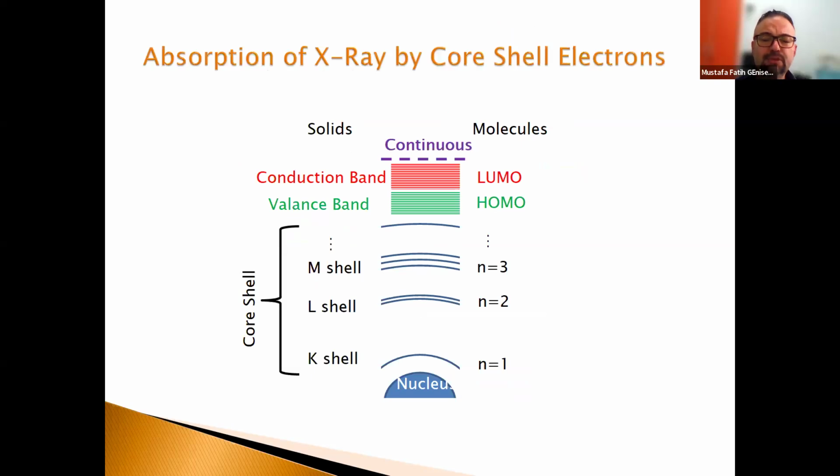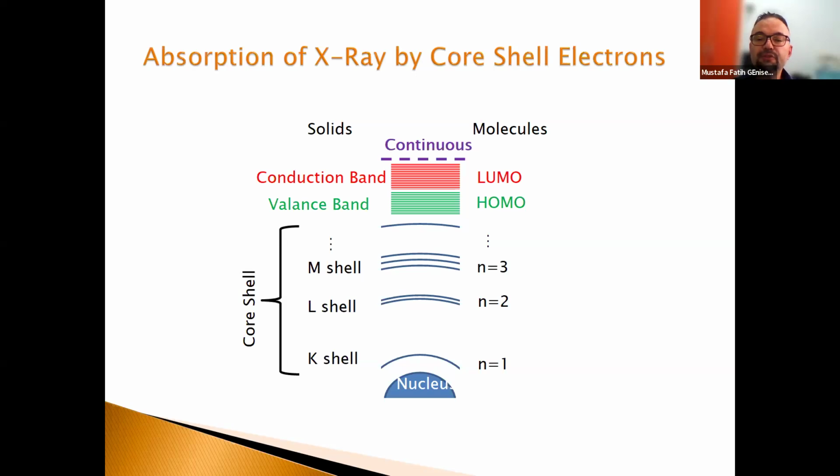So let's look at the X-ray absorption. What we mean is that it will interact with the core shell electrons. Here is a schematic representation of what we mean by core shells. In a normal element or compound, the element has fully occupied shells, which mainly belong to the atom. We name them the K shell, L shell, or M shell.